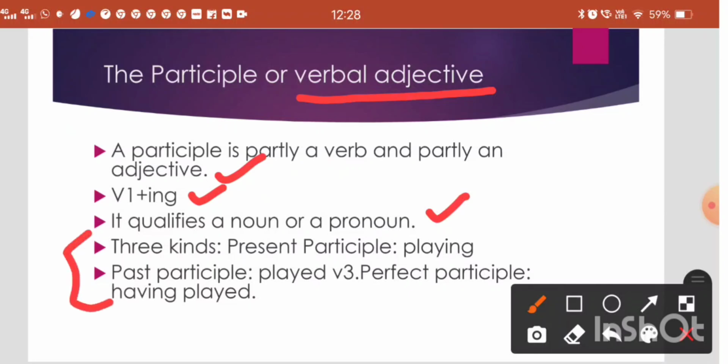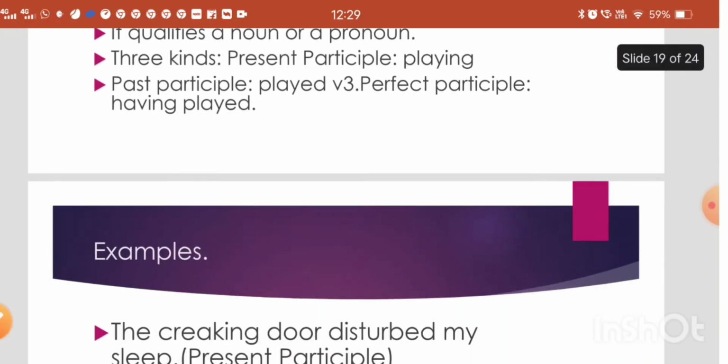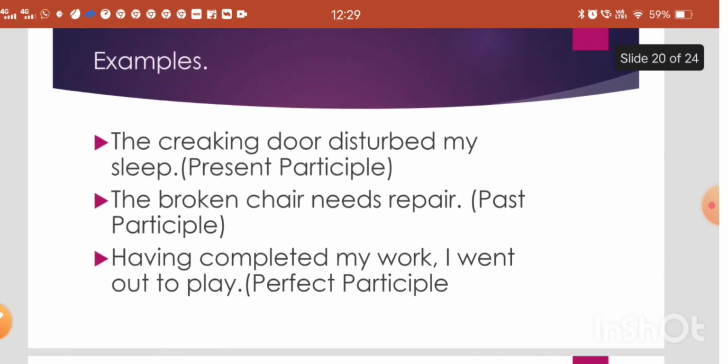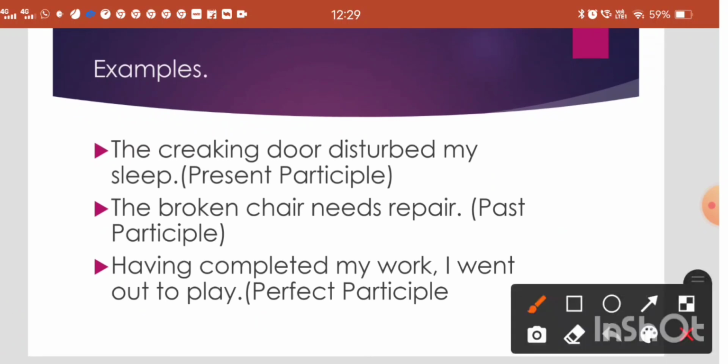There are three kinds of participles. Present participle like playing. Past participle, played. Past participle means third form of the verb. Perfect participle, having played. There are examples. So let's find out where present participle is used, where past participle is used, and where perfect participle is used. The creaking door, what kind of door? Creaking is qualifying the noun or describing door. So this is present participle.